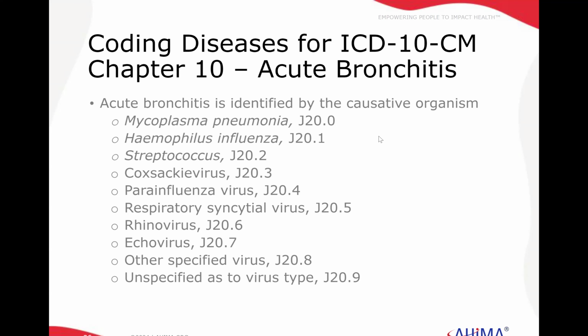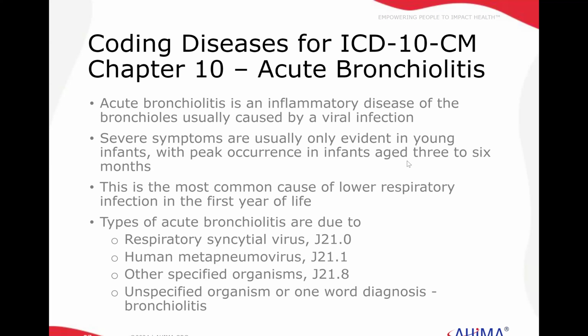And again, the key here is to read past pneumonia and pick up the specific bronchitis. What I mean by that, in the same way that we don't stop reading just when we see bronchitis or pneumonia, we keep reading after the terms acute bronchitis, and that'll lead us to the correct code. Acute bronchiolitis sounds kind of similar.